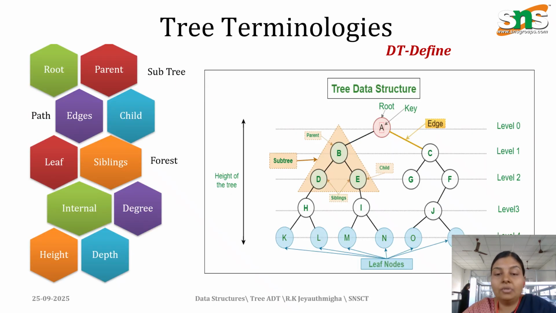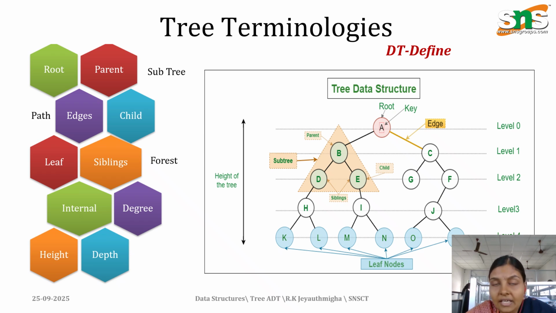Let's define the terminologies. We have a root, which is called the key node, and we have left subtrees and right subtrees. We have hierarchies. The higher levels represent the parents, the lower ones the children, and the relationship between them is called the parent-child relationship.